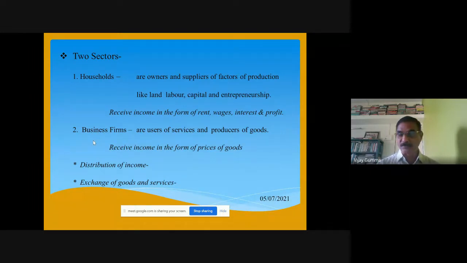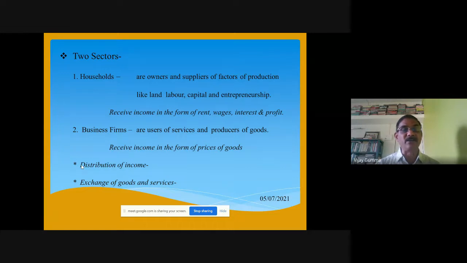Thirdly, exchange. Household sector is known as consumer of goods and services. Household sector is the owner of factors of production. Household sector supplies the services of factors of production to the business firms through the factor market.